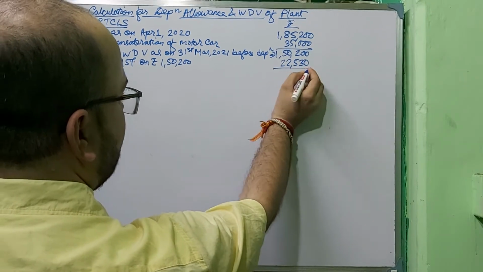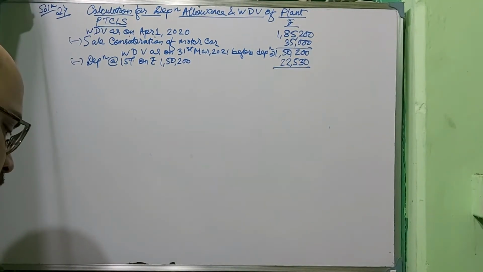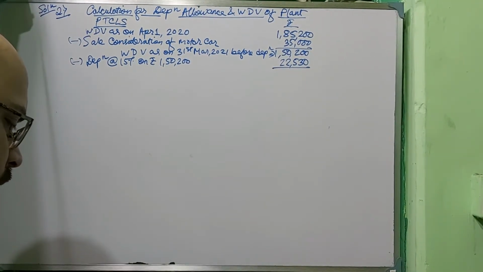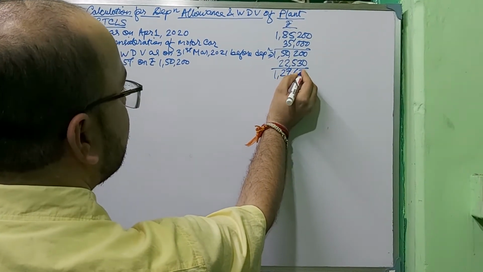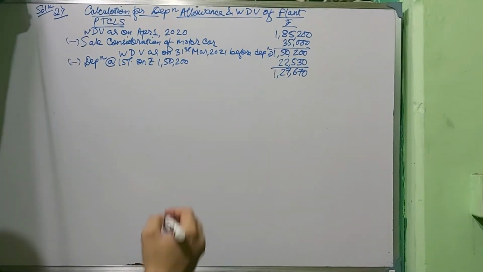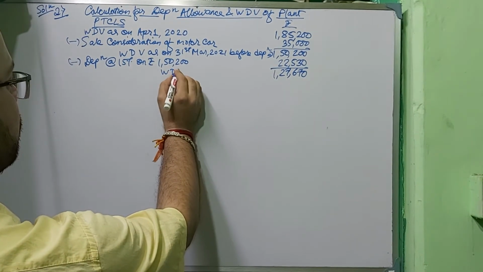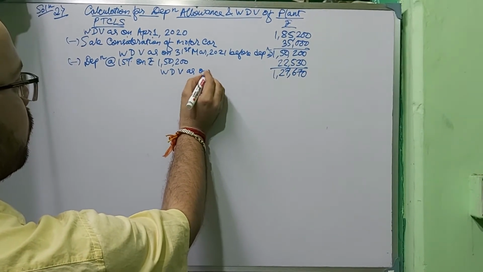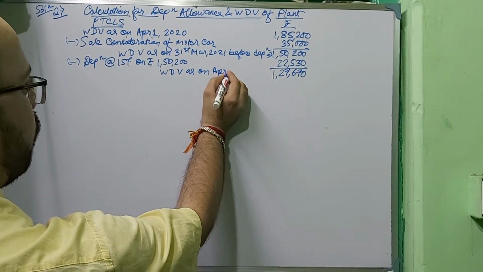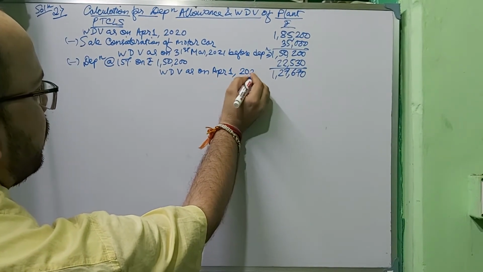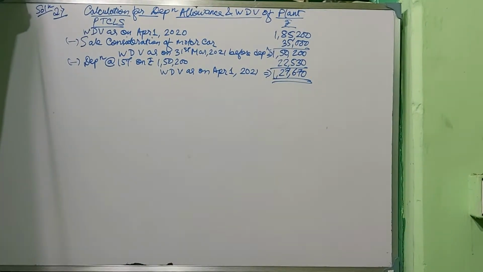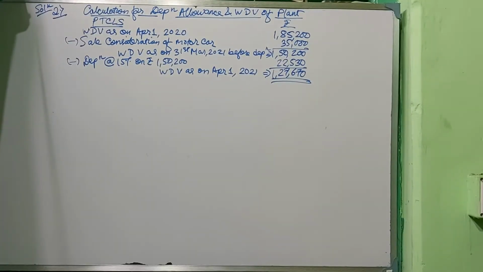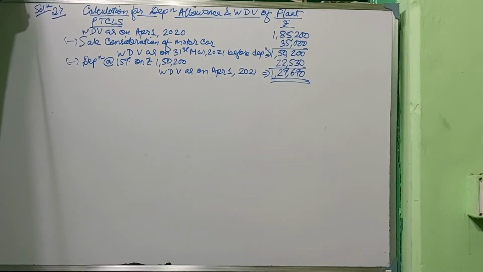If you deduct that 22,530 from 1,50,200, it comes to 1,27,670, which is your actual WDV as on April 1, 2021, obviously after depreciation. That is what you need to calculate. This is what we got from this sum.